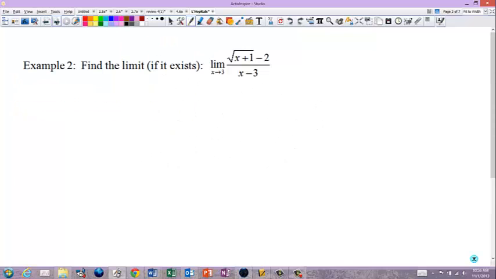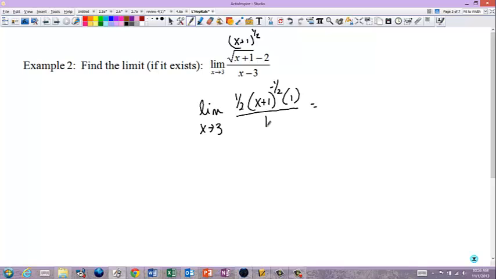Now on this one, we do get 0 over 0. And remember, this is the one that if we worked it all the way out, we would have to multiply the top and bottom by the conjugate. But now we don't have to do that. We can just take the derivative of the top, and remember that this is rewritten as x plus 1 to the 1/2. We would do it as the limit as x approaches 3. The derivative of the top would be 1/2 times x plus 1 to the negative 1/2 times 1 over 1.